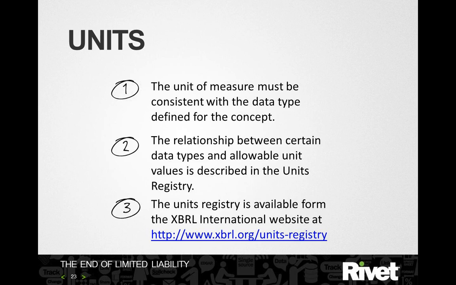And what XBRL International has defined is called a units registry, and this lists what all the units are, and we'll talk about that in a minute. But that units registry requires that the unit used should be consistent with the data type.